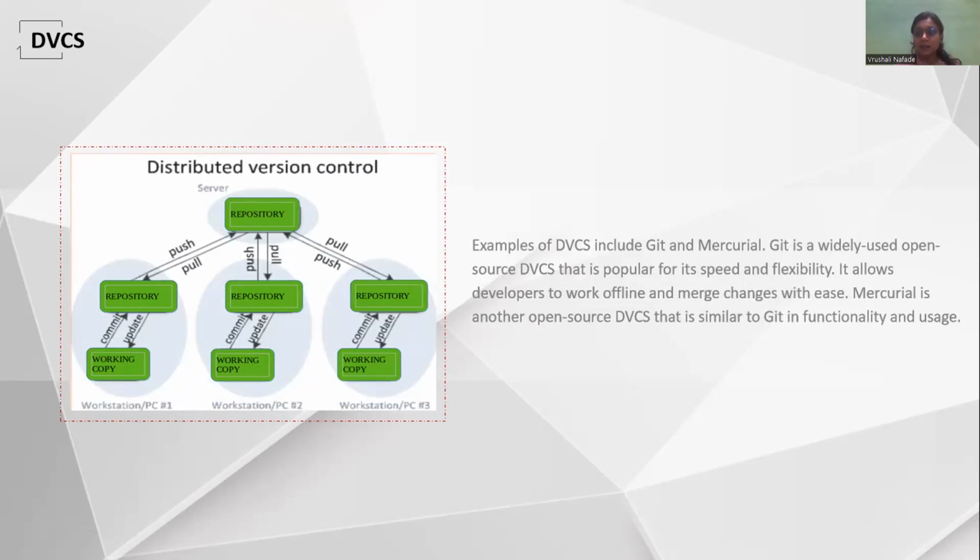Git is a widely used open source distributed version control system that is popular for its speed and flexibility. It allows developers to work offline and merge changes with ease. Mercurial is another open source distributed version control system. It is similar to Git in functionality and usage.